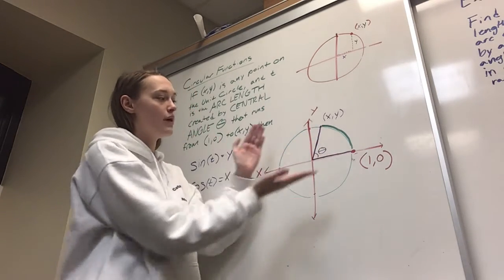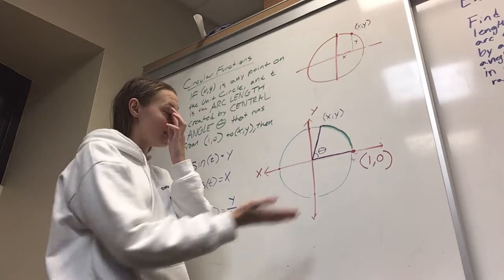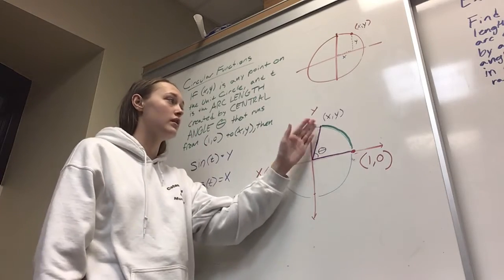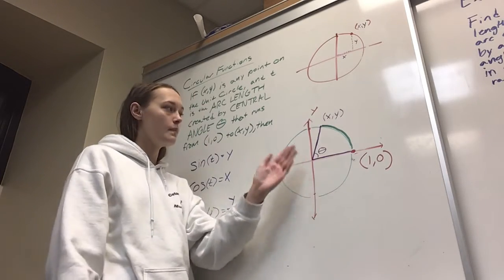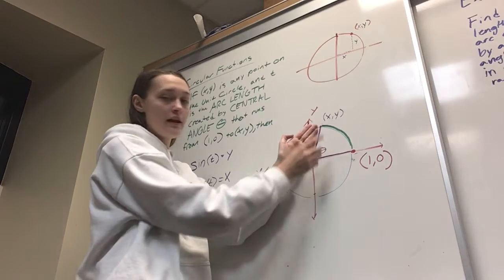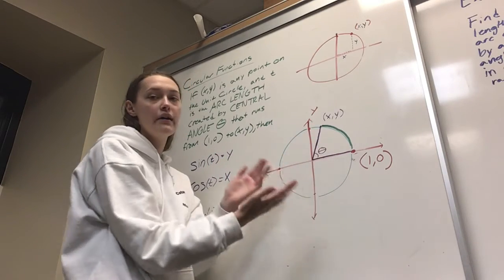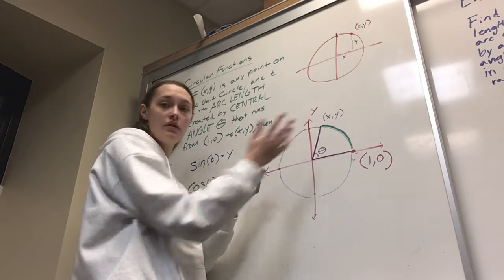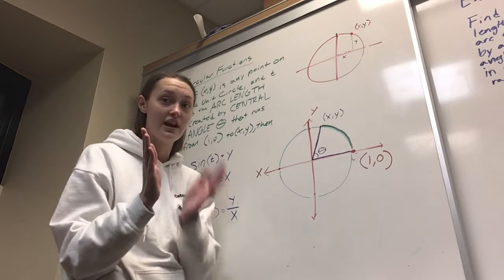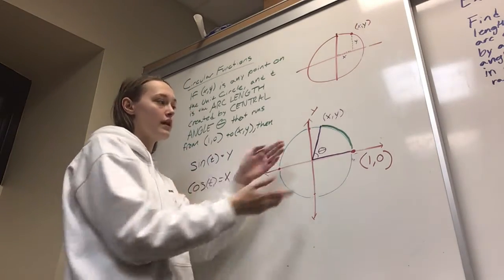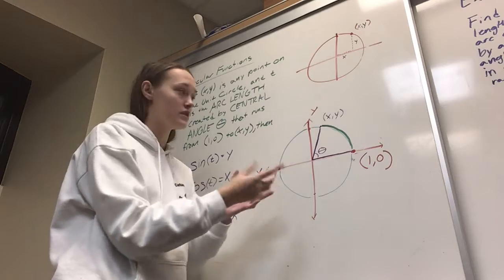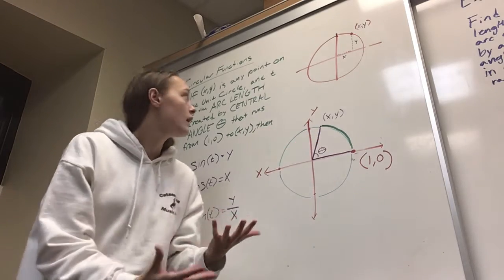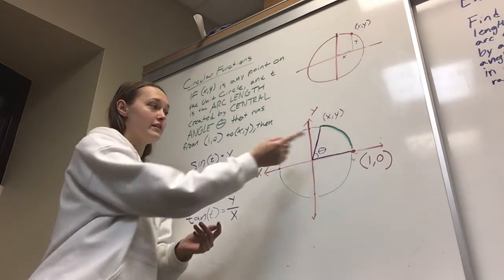So if you have an angle in standard position, x-axis, and any point on the circle, (x, y), then the arc length is the length of the arc cut off by both lines of the angle, the initial side and the terminal side. So the arc length is the length of that section of the circle, the circumference of it. And then the central angle would be theta in this case.